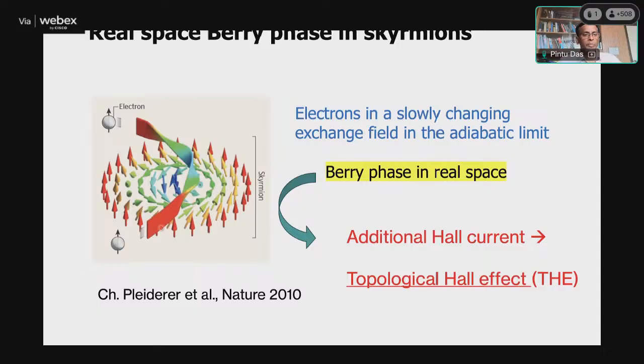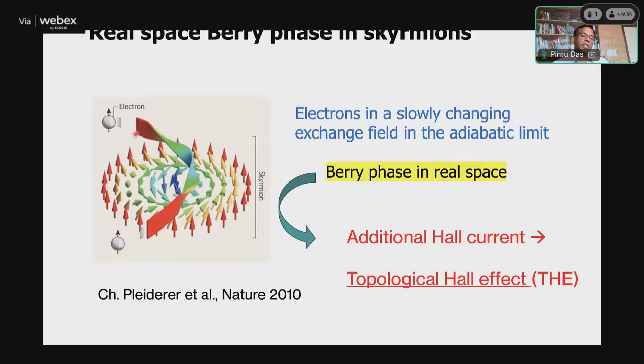If it moves adiabatically, then because of the exchange interaction, to minimize the energy, its spin will be oriented according to the underlying spins here. This ribbon kind of thing shows the twisting, to show how the spin will change from one end of this skyrmion to the other. This goes through a full circle, as you see in the color.